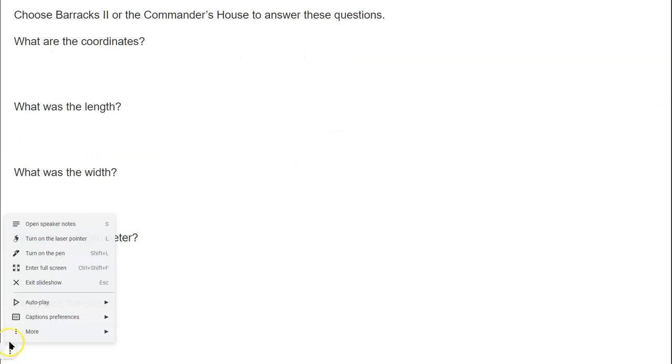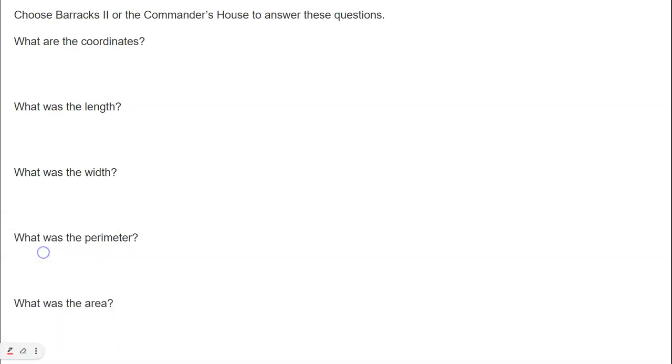I'm going to go ahead and use this page for formulas to help you out here. So the coordinates are going to be in X, Y format. And this is important because you're going to use two different coordinates in order to find the base and the height.